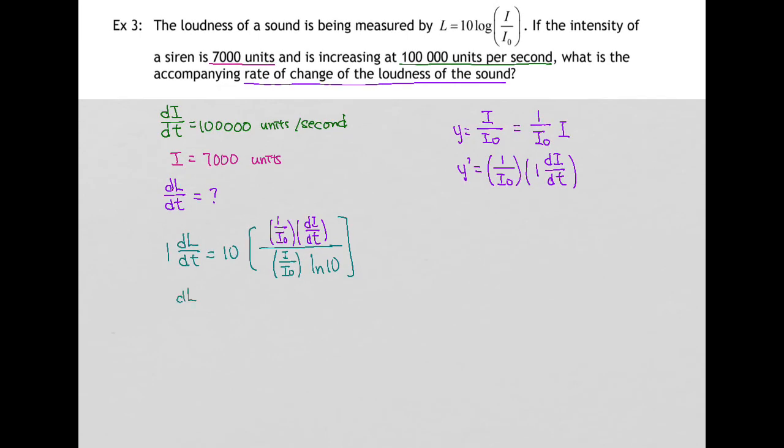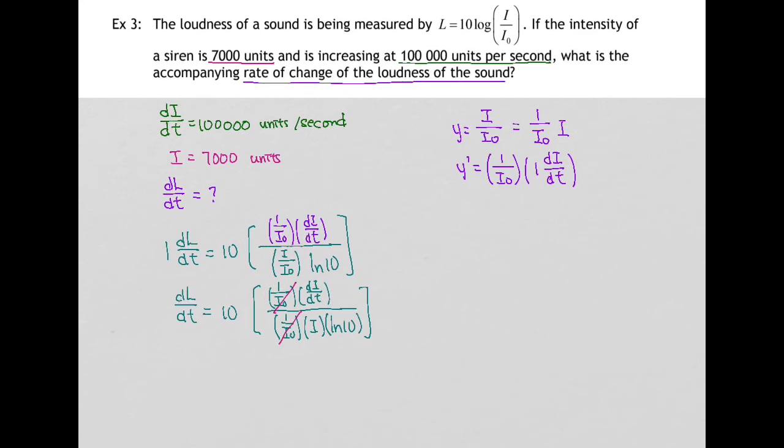Simplifying further, you get dL over dt equals 10, 1 over I naught, dI over dt, over, I'm going to change this bracket into one term, like 1 over I naught, the other term I, times ln 10. So I can reduce them.